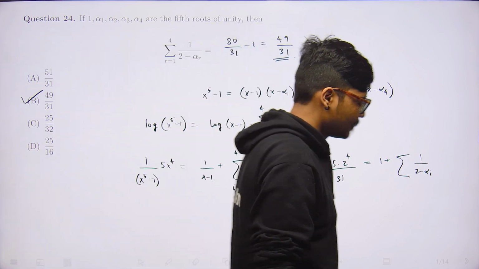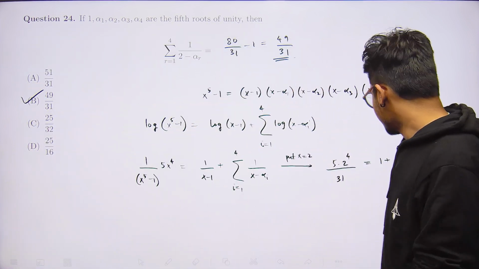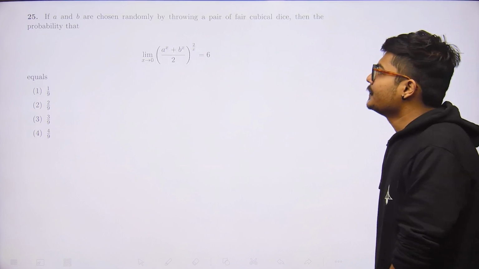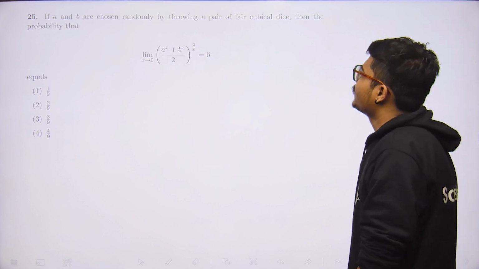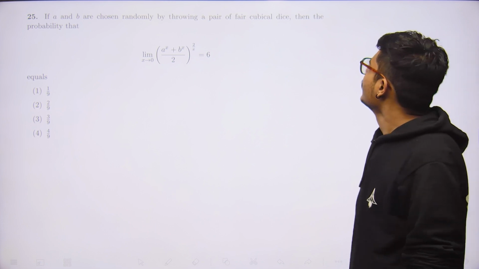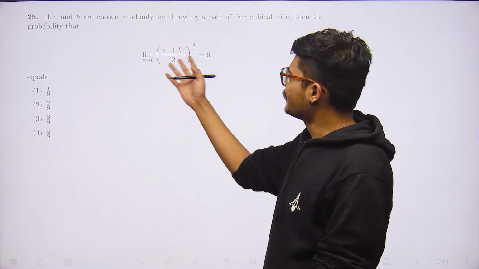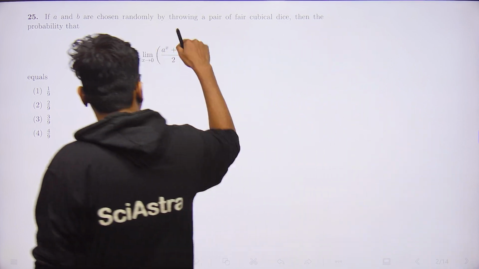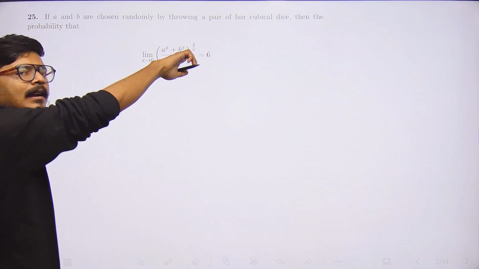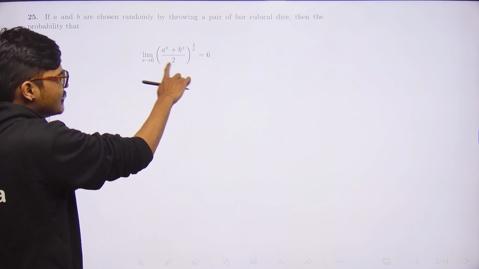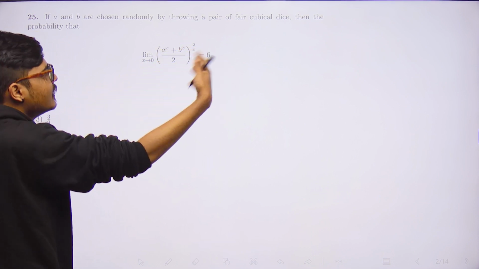Okay? That's it. Coming to the next question, if A and B are chosen randomly by throwing a pair of fair cubical dice, then the probability that this limit is equal to 6 is what? So first of all, we'll have to simplify this, right? So if I look at this, this is basically some 1 to the power infinity if you think about it. If you put x equal to 0, this becomes 1, and the exponent basically goes to infinity, right? So how do we do it?